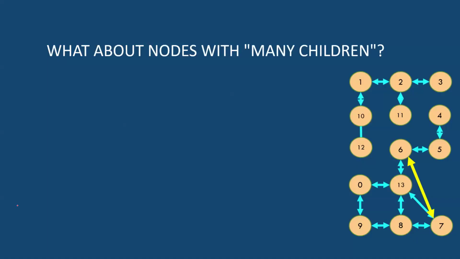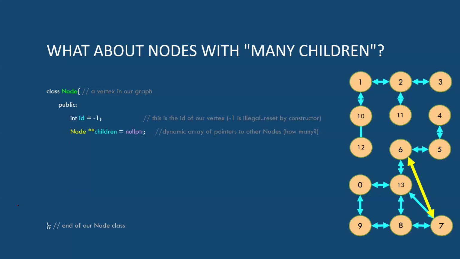So if I have nodes with lots and lots of children, we could do this with pointers. Instead of what we're going to do, we could have done this. We're not going to do this, but just in case you're curious, I could create a node with an ID value and a dynamic array of pointers to children.